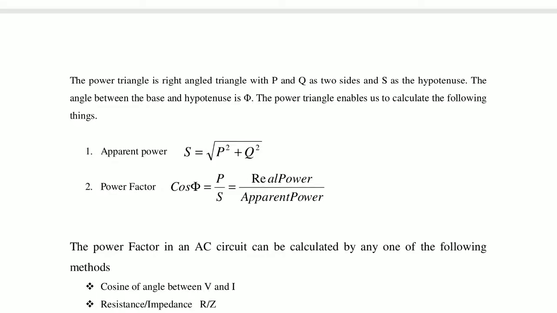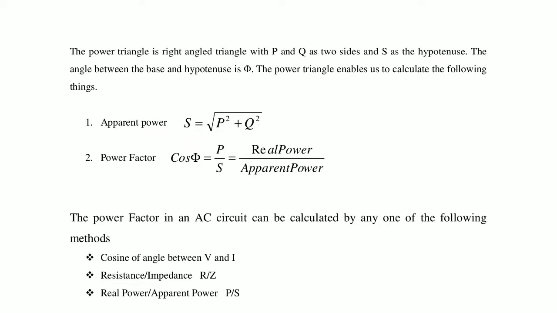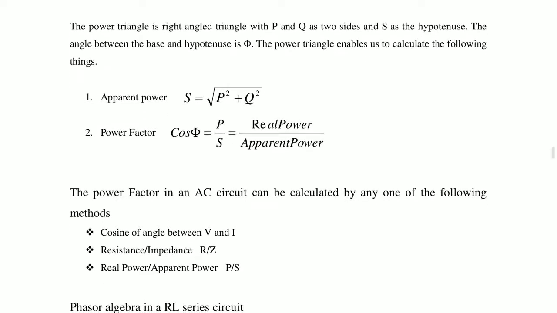So the power factor in any AC circuit can be calculated by any one of the following methods: the cosine of the angle between voltage and current, resistance by impedance, or real power by apparent power.